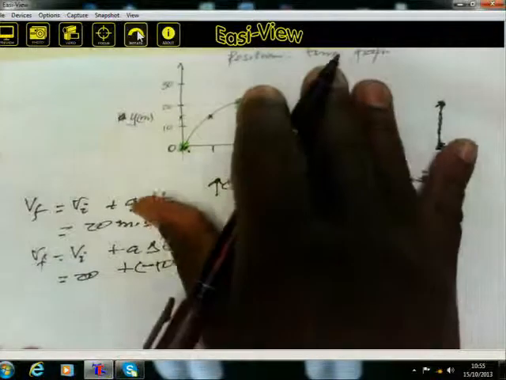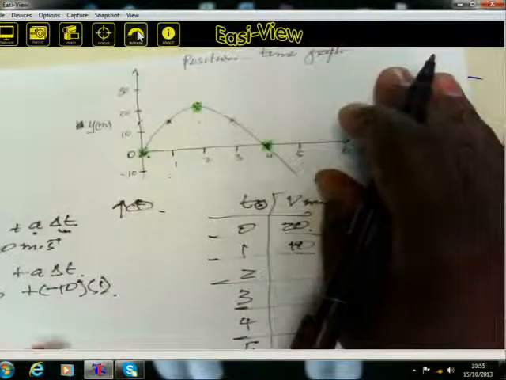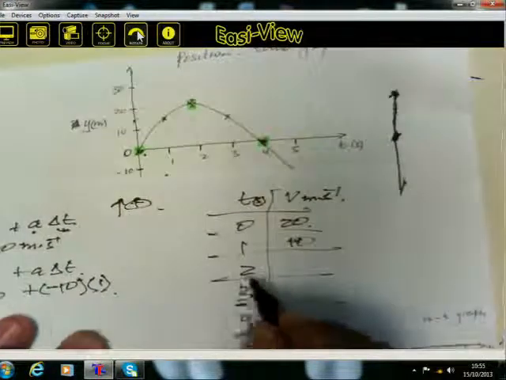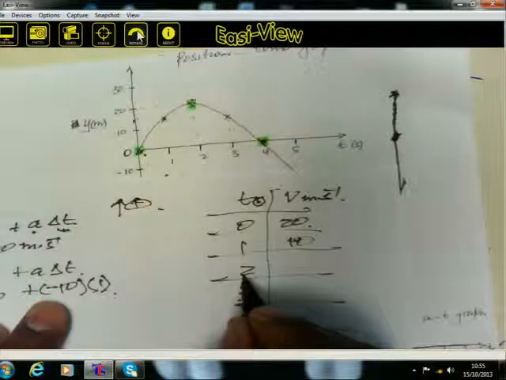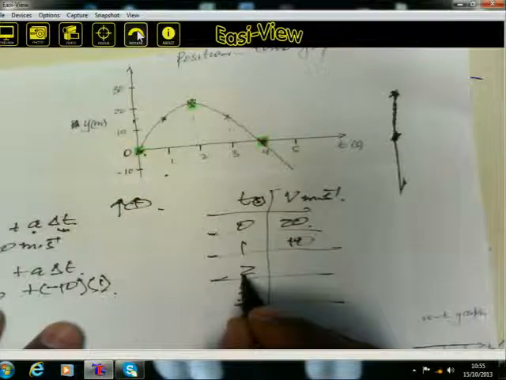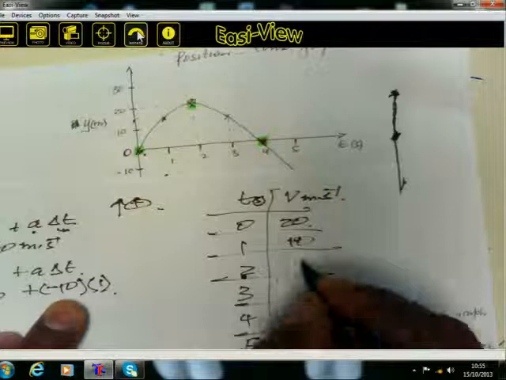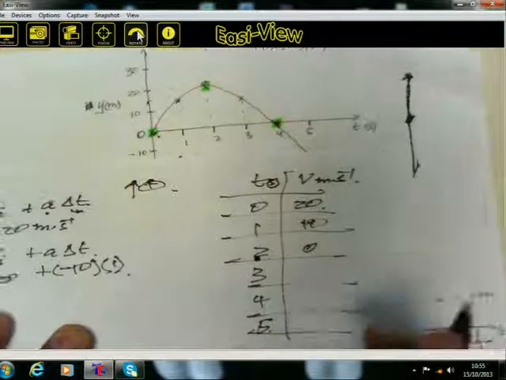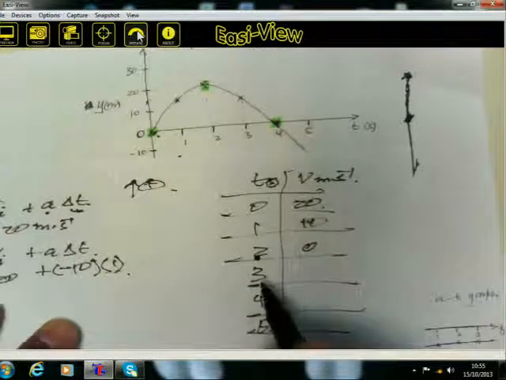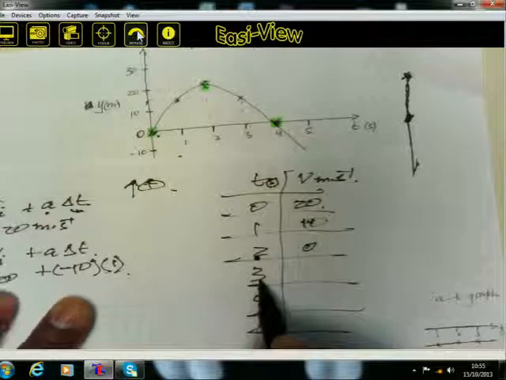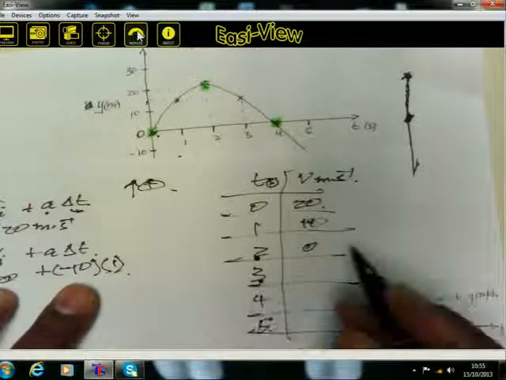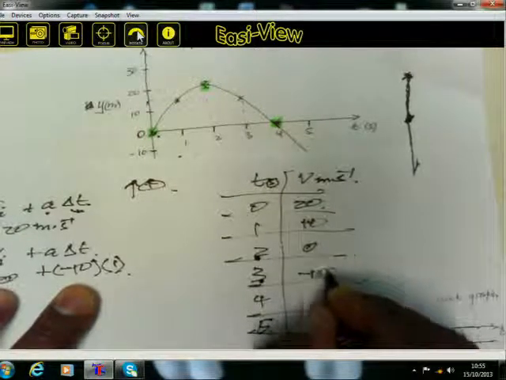We will find that as we do that, when t is equal to 2, then this will be 20 minus 20, which gives us 0. When t is equal to 3, we are going to have 20 minus 30, which gives us minus 10.